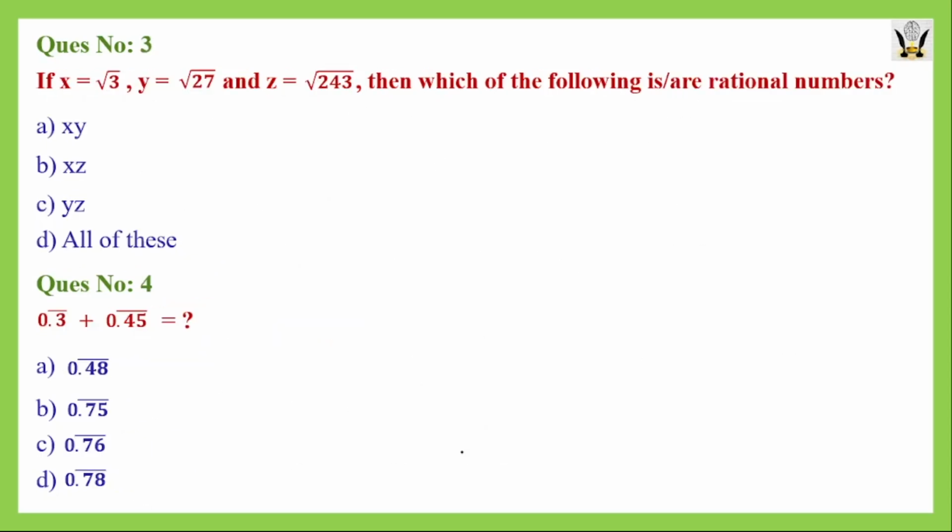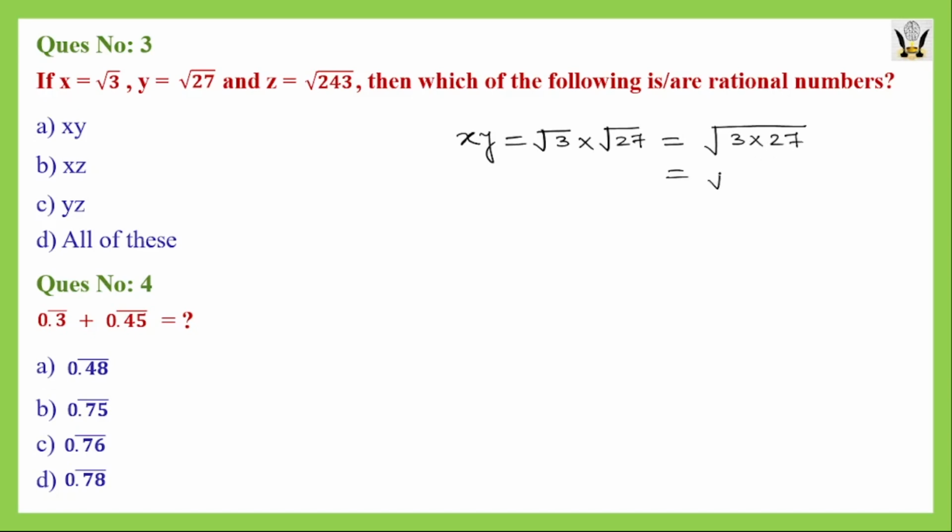Now the third question says, now we know the definition of rational numbers. If we individually assess x, y and z, root 3 we will see that this is an irrational number, because this is a non-recurring and non-terminating decimal. Similarly, root over 27 is also a non-recurring and non-terminating decimal, so that will also be an irrational number. But if we multiply these two, x and y, as we have seen in the last example, it will be root over 3 multiplied by 27.